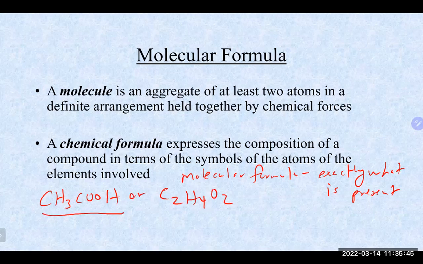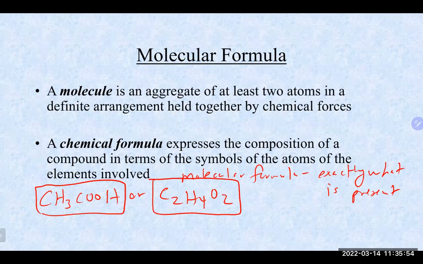Both of these are molecular formulas. There are actually molecular formulas for the exact same thing. They're both acetic acid, which is vinegar. One formula gives you a little bit more information about how it's actually connected. The other one just kind of tells you what is there. If you drew again, acetic acid, it looks something like this.